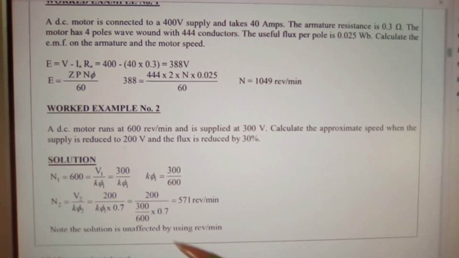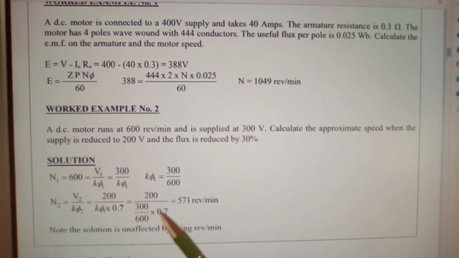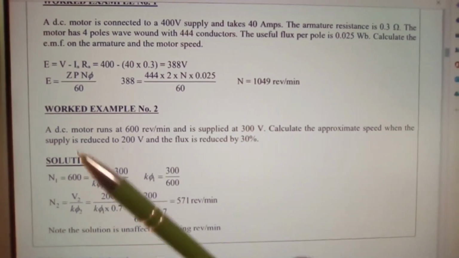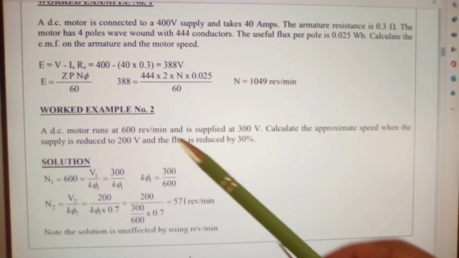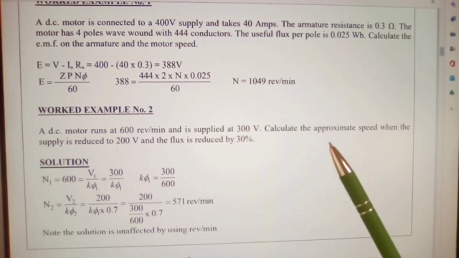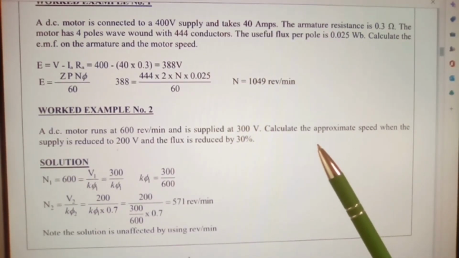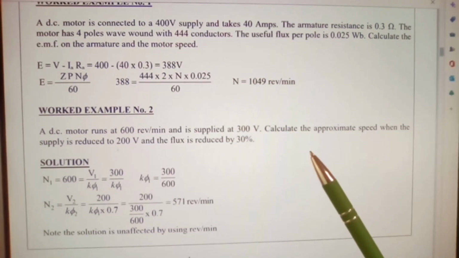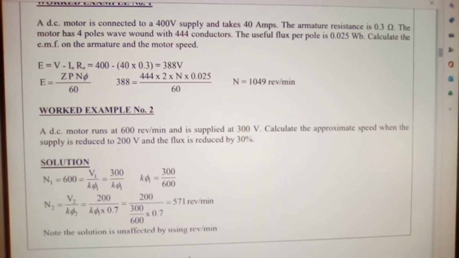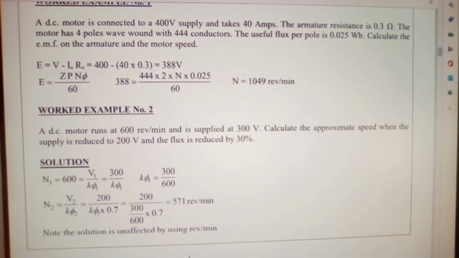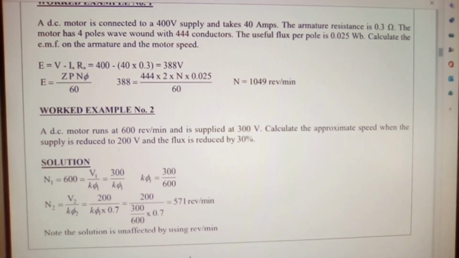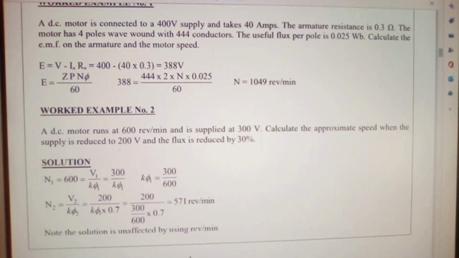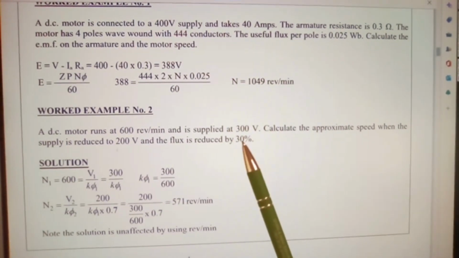Now you need to know where this 0.7 comes from. What gave us 0.7? Got you.